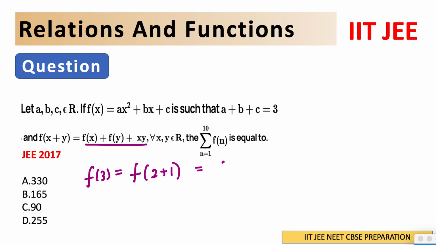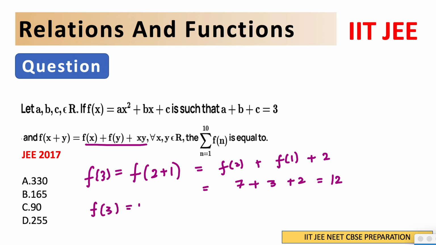So this will become f2 plus f1 plus xy, which will be 2 into 1, so it will be 2. f2 is 7, f1 is 3, and this is 2. So 7 plus 3 is 10, 10 plus 2 is 12. So f3 is 12. Similarly, other terms can be found out, but since we have 10 terms, we can't calculate for all.